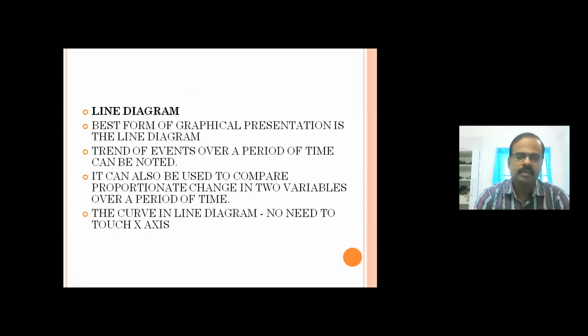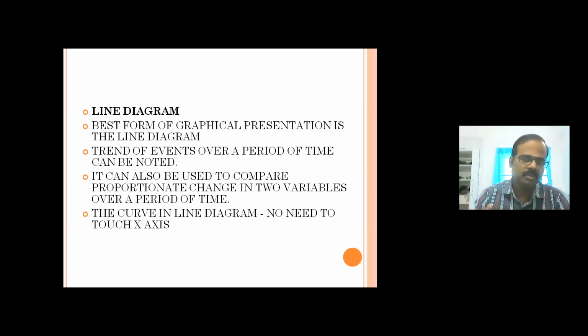So what is a line diagram? How to draw a line diagram? The best form of graphical presentation is a line diagram. You can present a quantitative variable here also. The trend of events over a period of time can be easily noted in this type of diagrammatic presentation. It can also be used to compare proportionate change in two variables over a period.